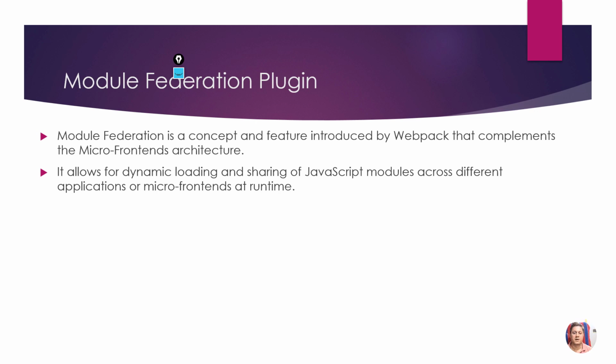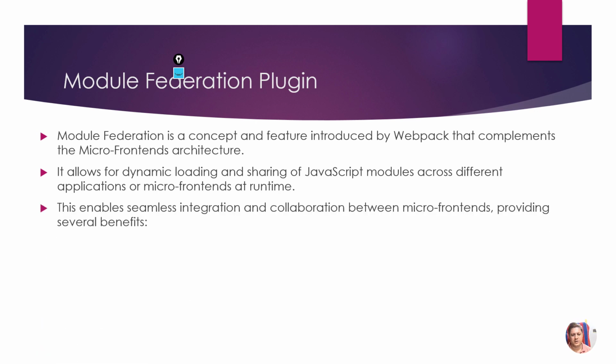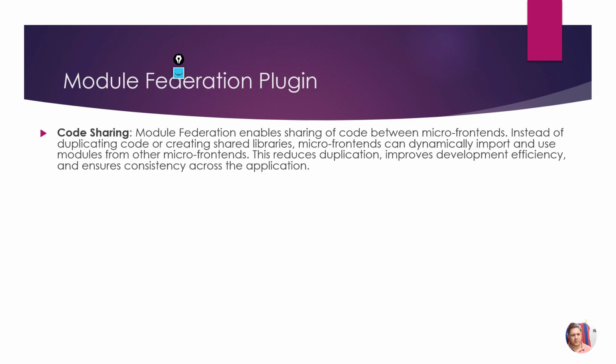You can keep it in any particular folder and it will run. That's the runtime and build time stuff, and for runtime, as I told you, every port should be accepting the request. So the micro frontend module federation plugin enables a seamless integration between the micro frontends.